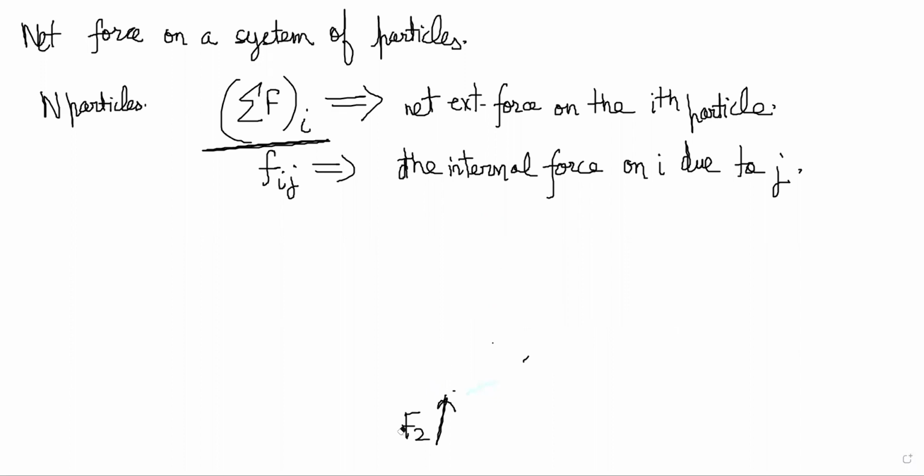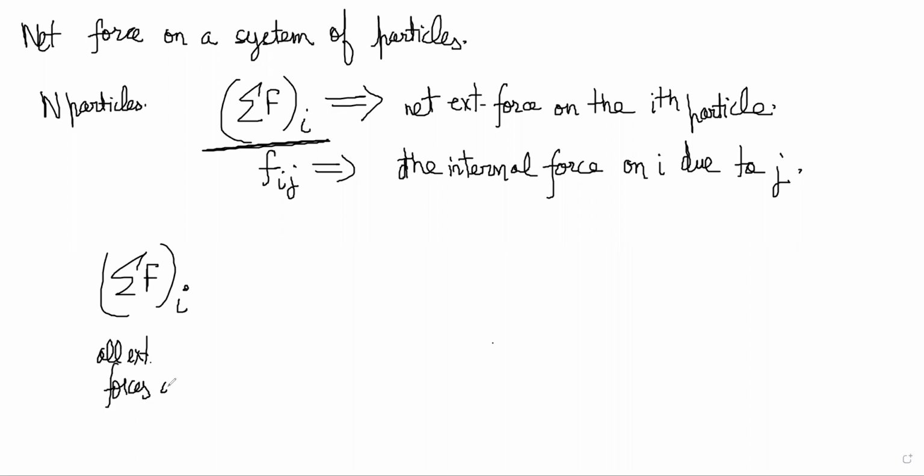Let's write that equation. So the second law for the ith particle: we have to sum all forces on the ith particle. This is all external forces on the ith particle, plus the sum of all internal forces on the ith particle due to other particles.